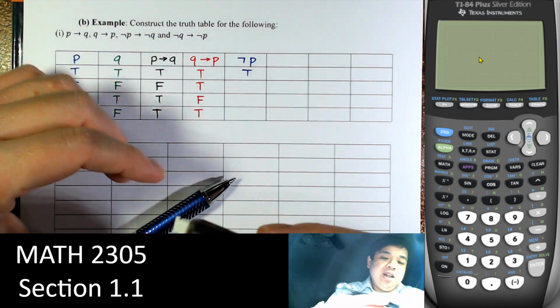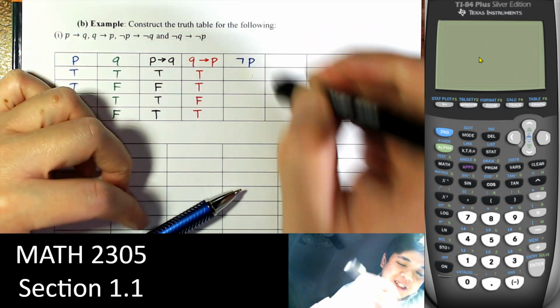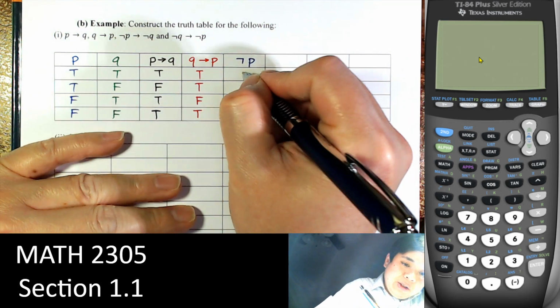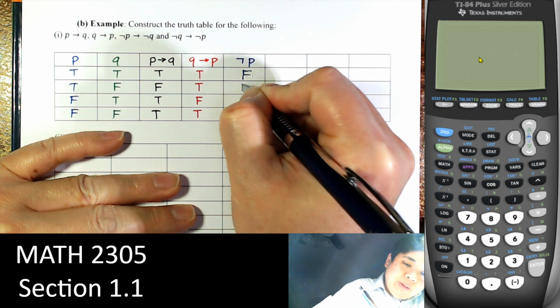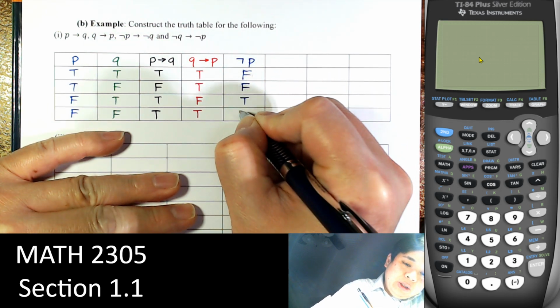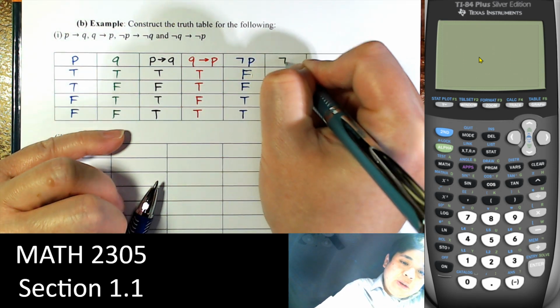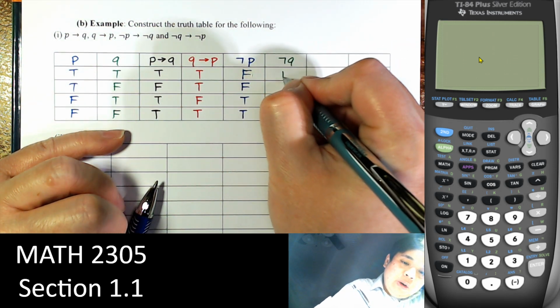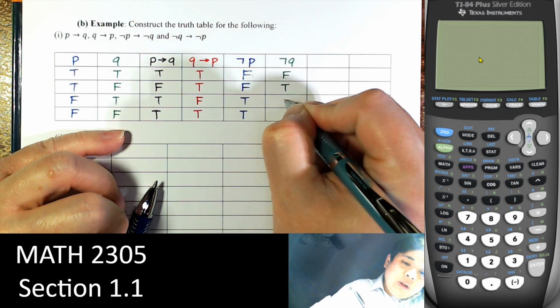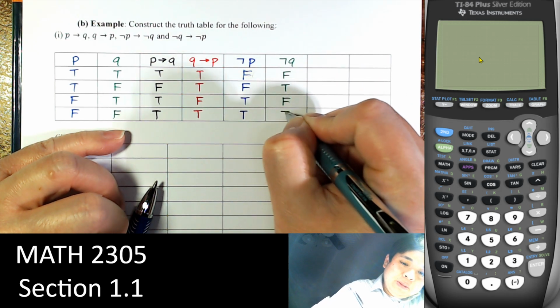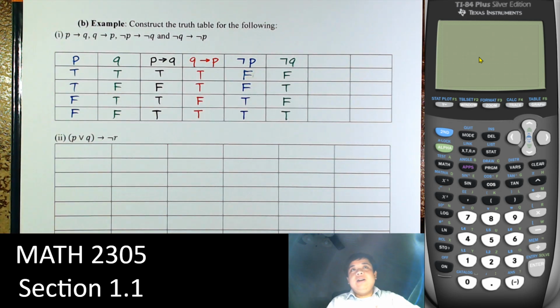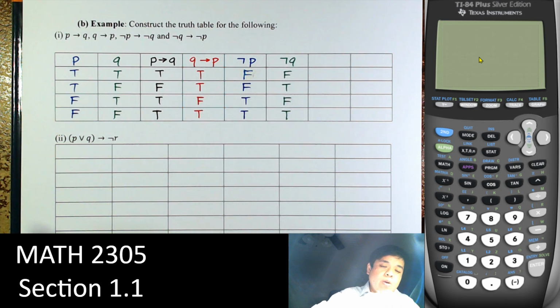So, false, true, and then not Q, false, true, right? Just turn the true to false and the false to true.